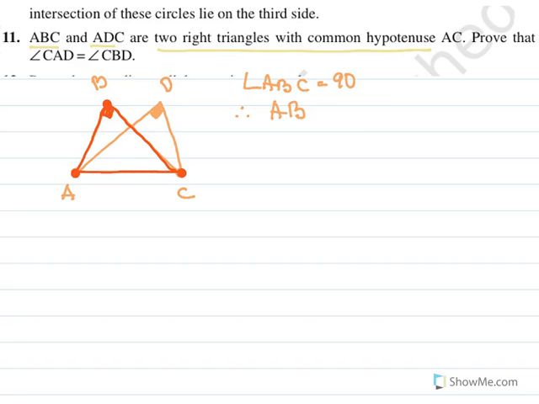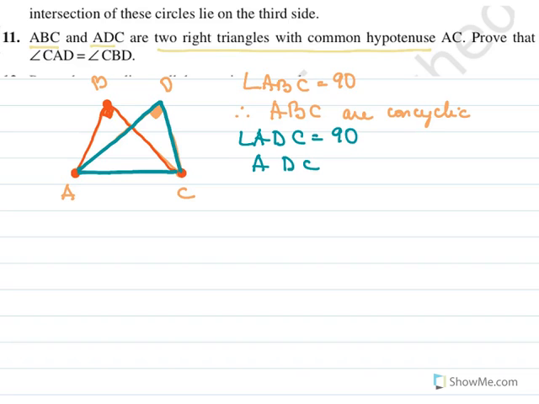Therefore ABC are concyclic. They lie in one circle. Similarly, we can say for AC, and this is 90, so this also lies in the same circle. Angle ADC is 90, therefore ADC are concyclic.